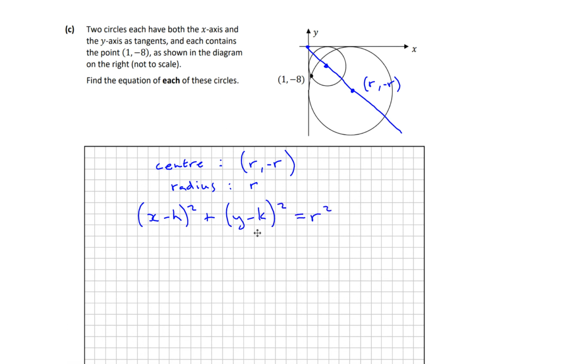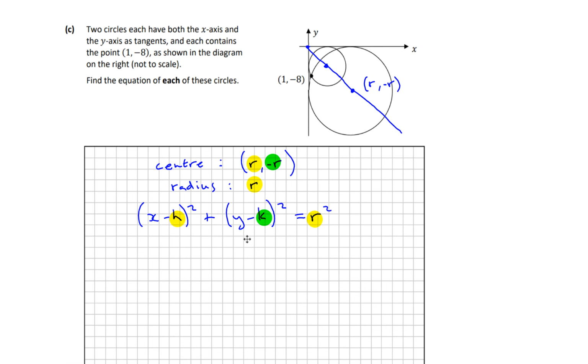If we think about these things here, well, what can we do? We can do quite a bit. We can put the radius r in here for h, the center, and then we can put the minus r in here for k.